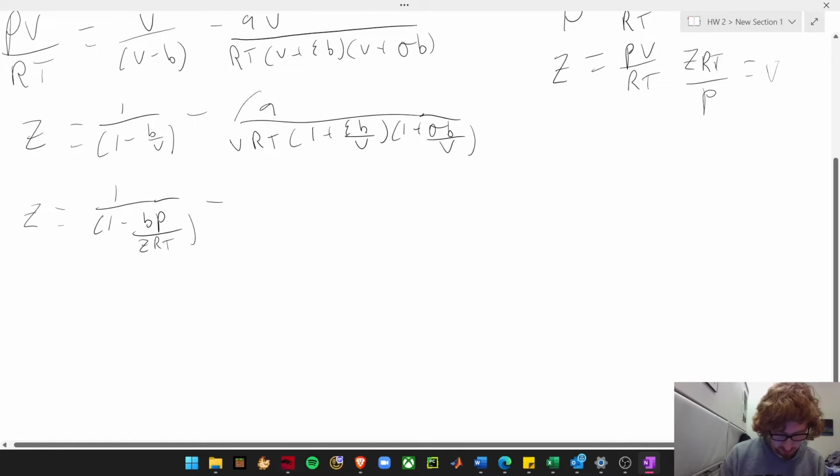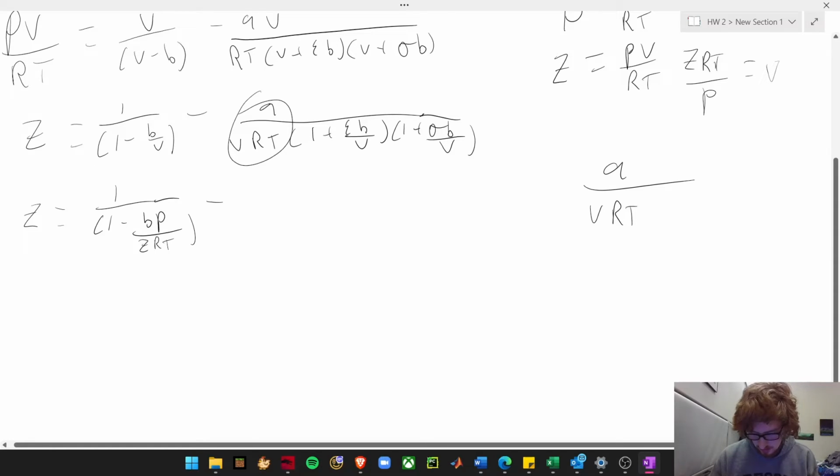Well, actually, let's take a look at this. We have this right here. We have A over VRT. Now, if we want to plug this in for V, all we have to do is do the same thing as before, just over here, and we'll end up with Z R squared T squared over P, and then flip it.